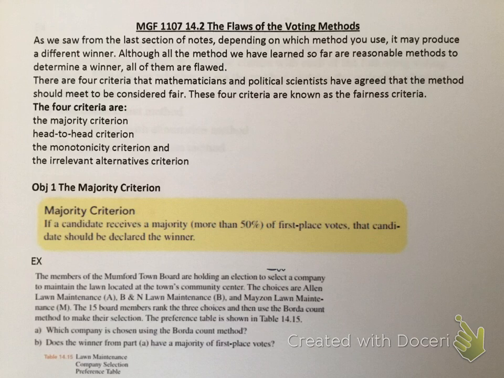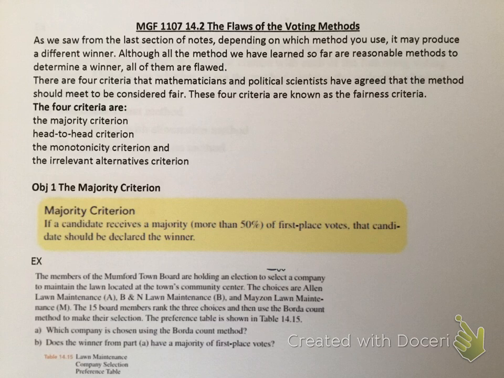These 4 criteria are known as the fairness criteria, and they are the majority criterion, head-to-head criterion, the monotonicity criterion, and finally the irrelevant alternatives criterion. Because of these 4 criteria, you'll see that all of the methods will violate one of them. So there isn't a perfect voting method out there, and that's one of the takeaways from this section.